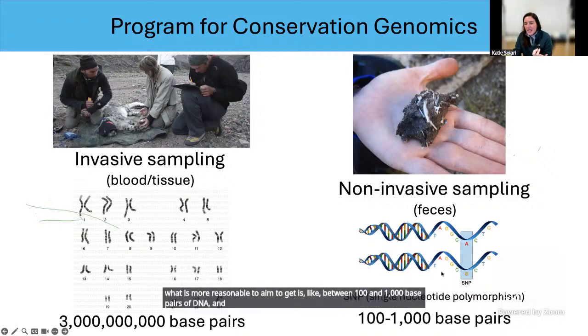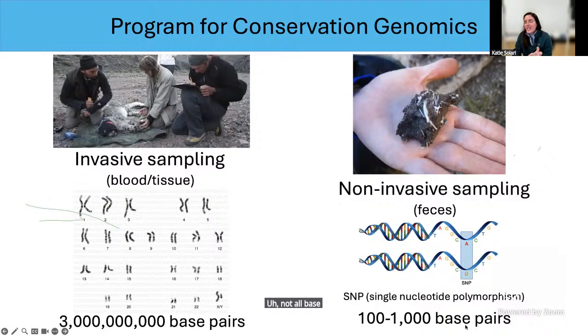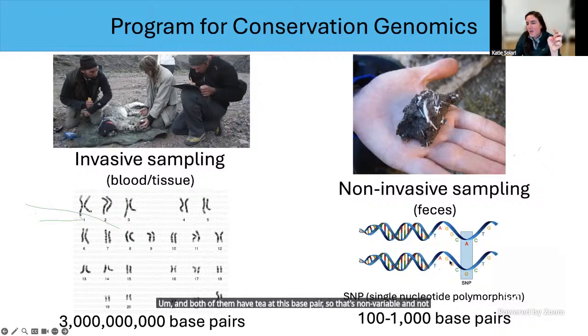And specifically here, I'll start dropping in some lingo: not all base pairs of DNA are informative. So here, these are two genetic sequences, let's say from two different snow leopards. And both of them have a T at this base pair. So that's non-variable and not super informative.